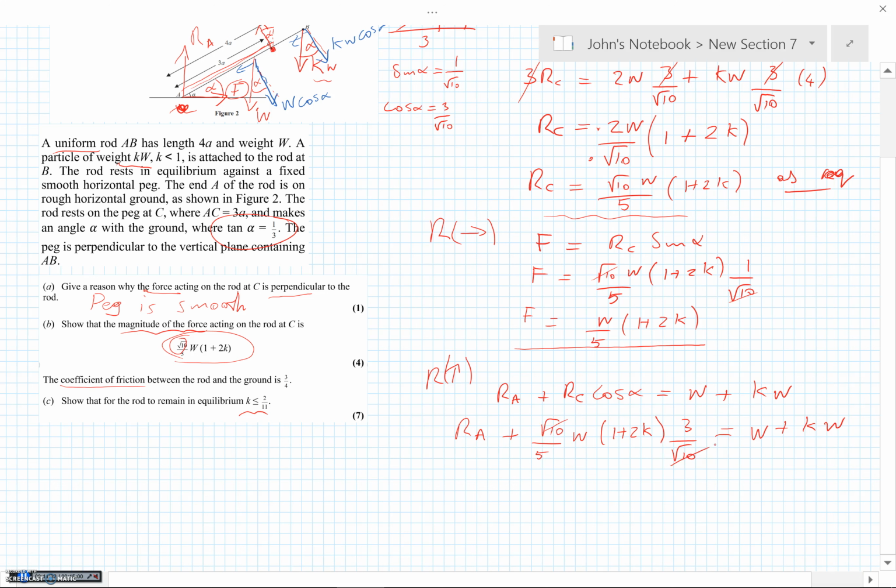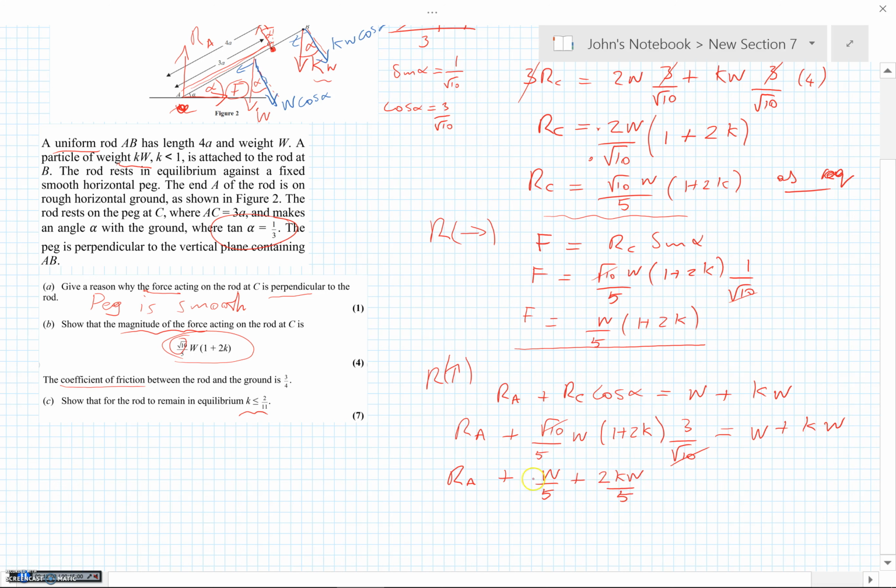Okay, and if I play around with this a bit, let's not rush it too much. If I multiply it out, it's probably the best thing to do, because we've got W's in everything. So RA plus, when I multiply this out, I'm going to get W over 5 plus 2KW over 5.